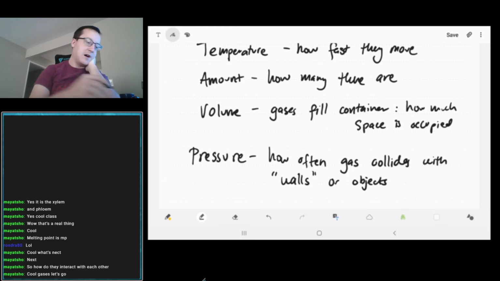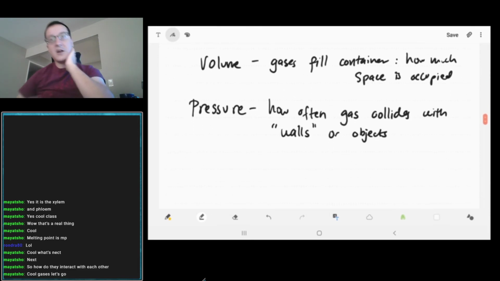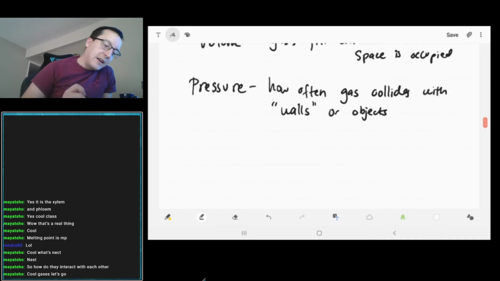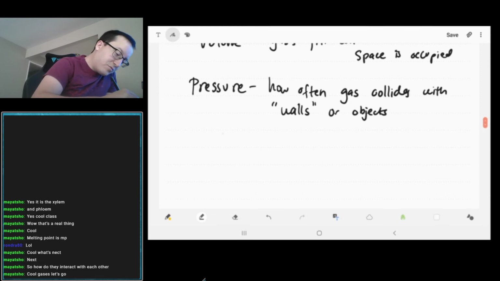Okay, so we can talk about units of all these things. Technically, by the way, for physics, pressure is equal to the force over an area.